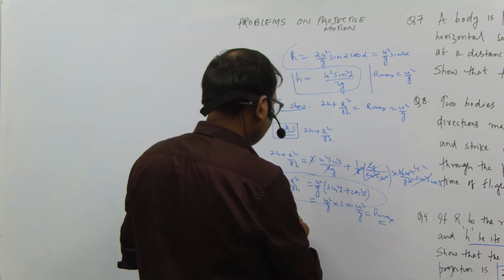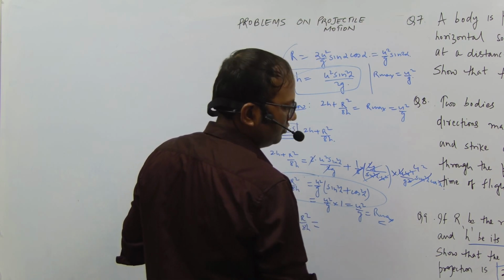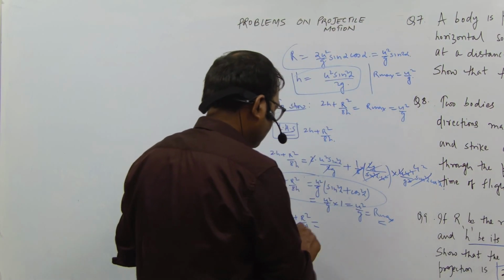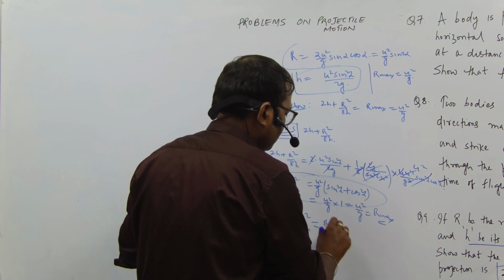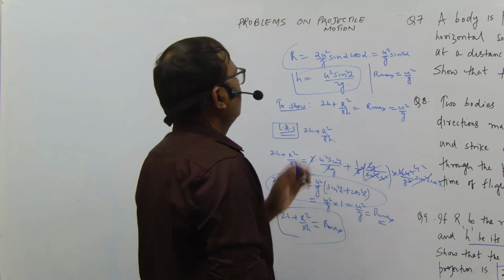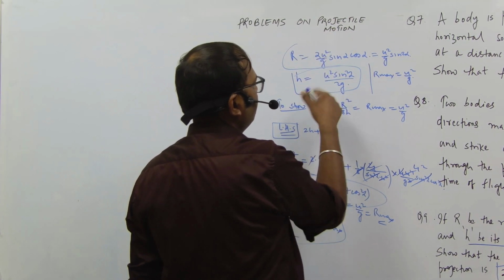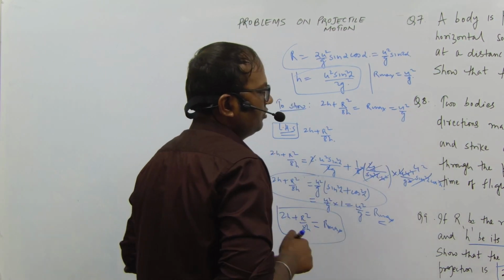So what we have done is taken the LHS portion and placed the values of R and h in this expression. This expression is equal to u square upon g, which is the maximum horizontal range.